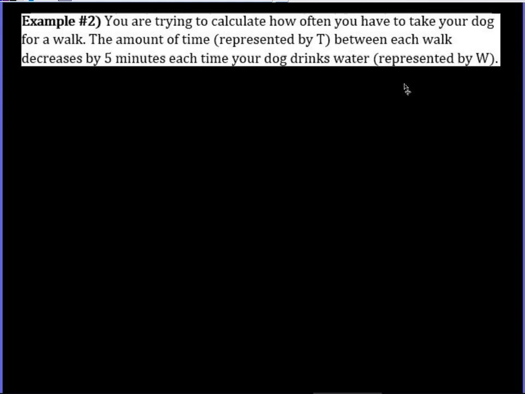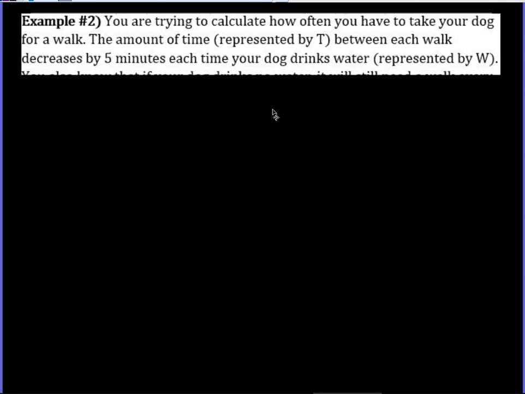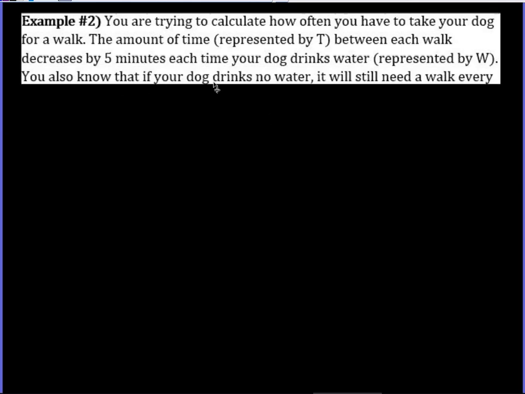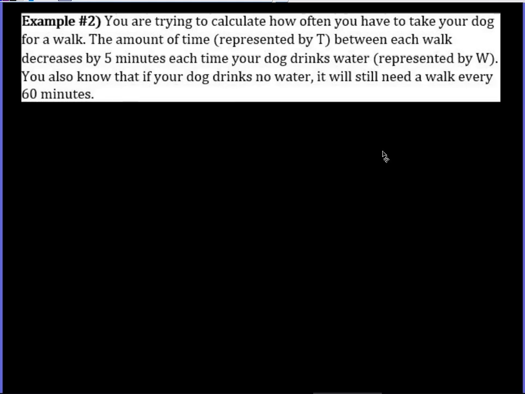The amount of time represented by T between each walk decreases by 5 minutes each time your dog drinks water, represented by W. You also know that if your dog drinks no water, it will still need a walk every 60 minutes.